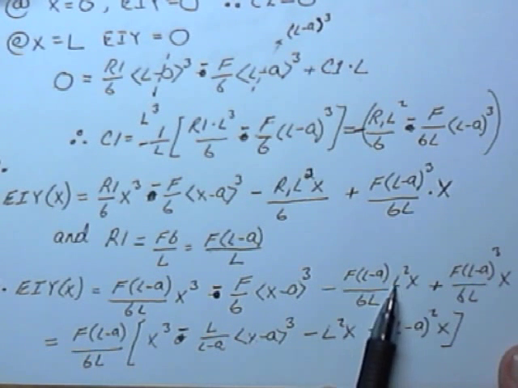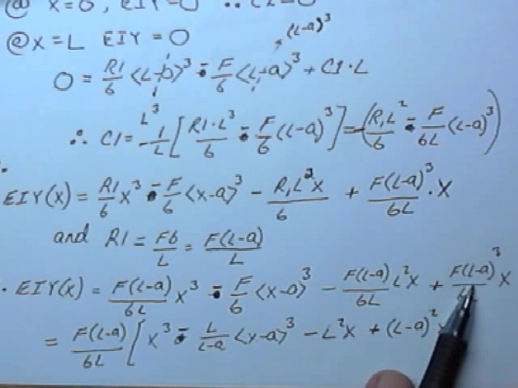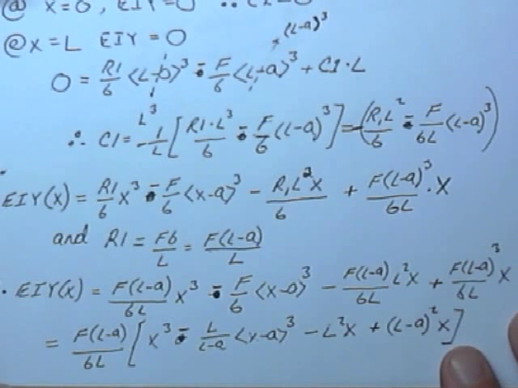And then this one has the L squared x remaining. And this one had an L minus A squared, because I pulled one of the L minus A's out all the way to here. And so it leaves behind an L minus A squared times x. So that's my deflection function. And that's the entire deflection function.